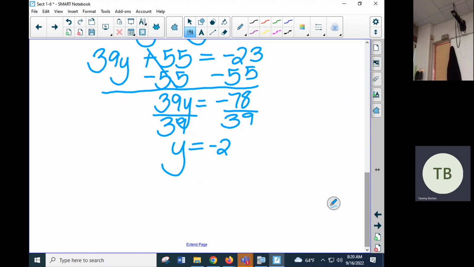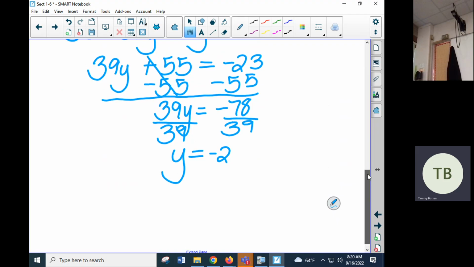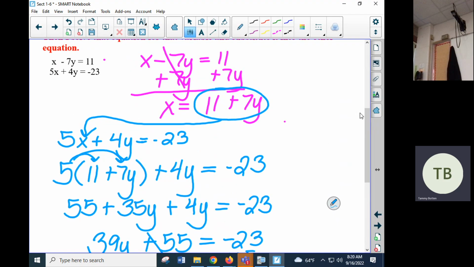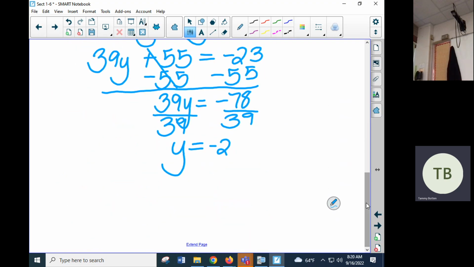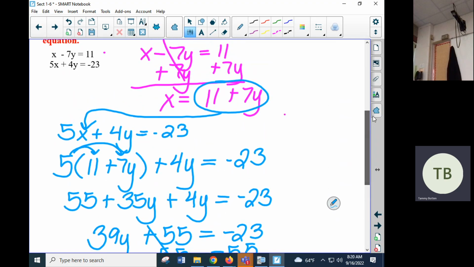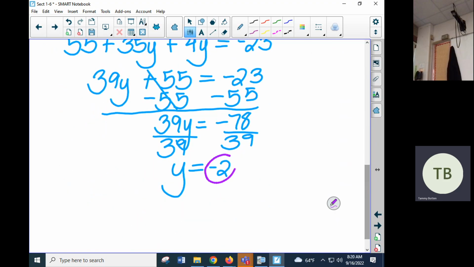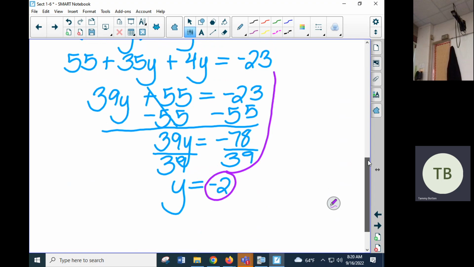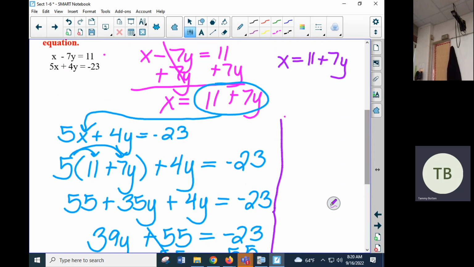So what that tells us is in our coordinate plane or coordinate point, y is negative 2. So then what I'm going to do is I have to go back up to this expression and put that negative 2 in for y. So if I have x equals 11 plus 7y, again, I'm going to take this negative 2 and put it in here for y.